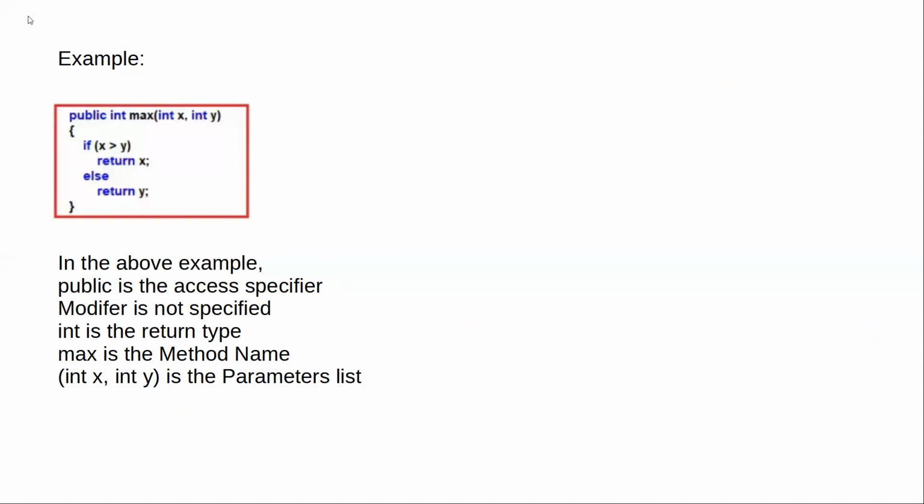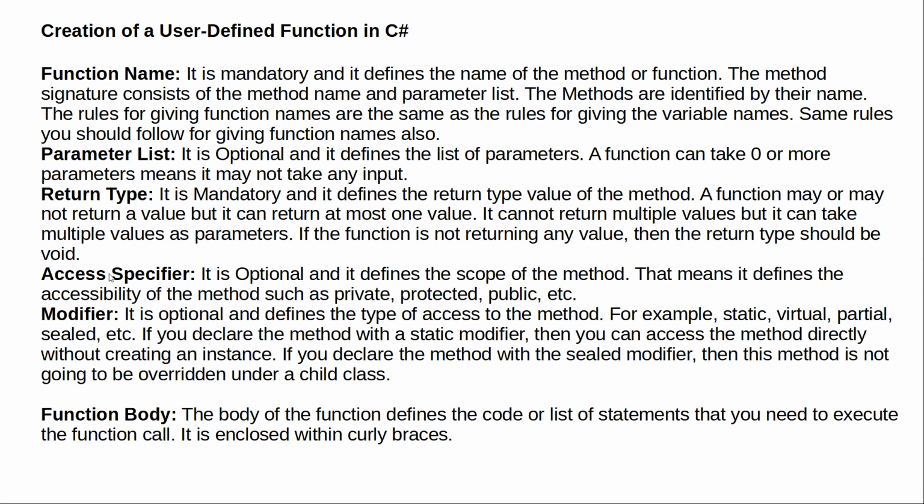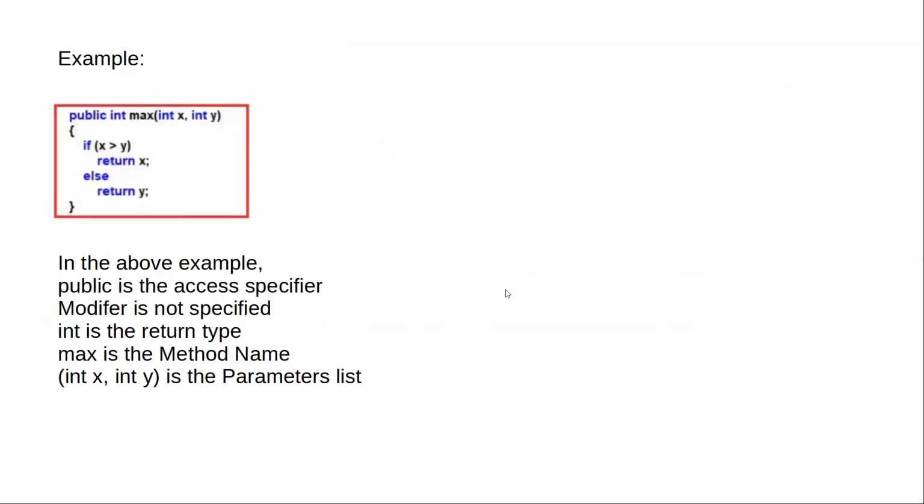Here, this is the access specifier, public. It could be private or protected or public, and I just mentioned public. That means this function can be accessed outside the class also, by defining an instance of this class.